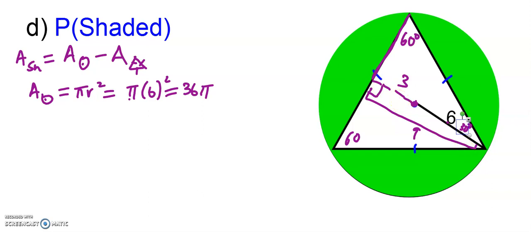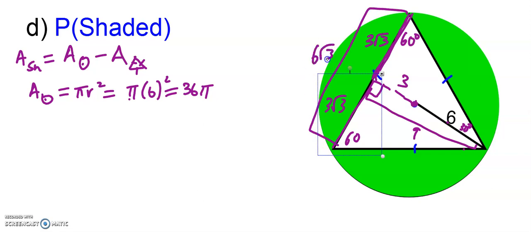Well, remember, to go from the medium side to the short side, you divide by radical 3, and if you did that, you would find that that would be 3 root 3. But if this piece is 3 root 3, doesn't this piece also have to be 3 root 3? So the whole length of that base would be 6 root 3.